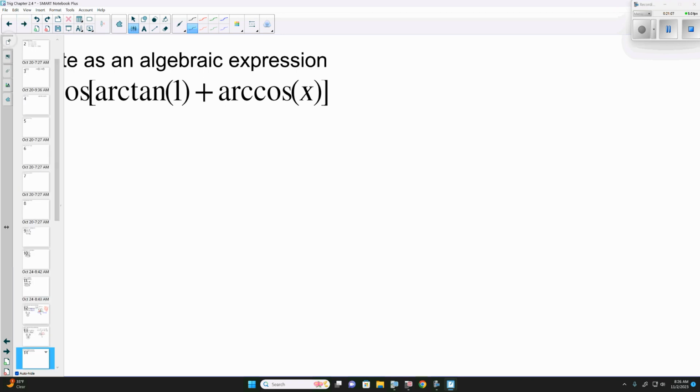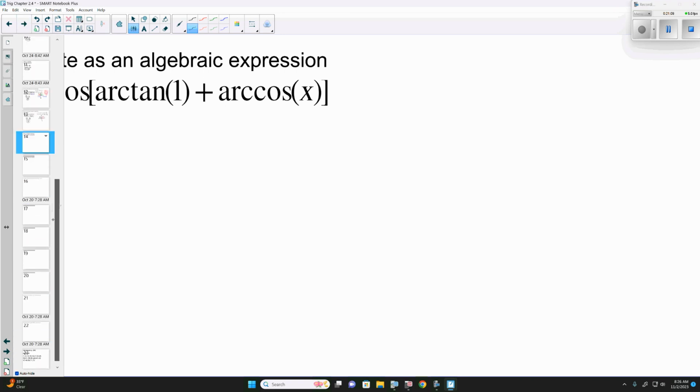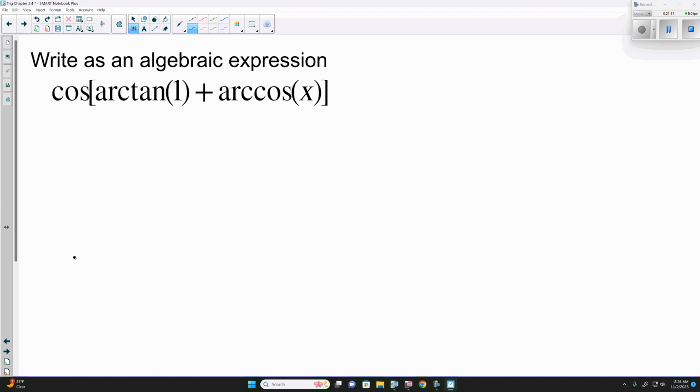Write it as an algebraic expression. This is going to take 3 days. Cosine of arc tangent of 1 plus arc cosine of x. Well, we're going to be looking at triangles in 2 specific cases.